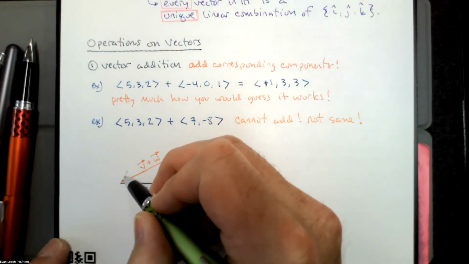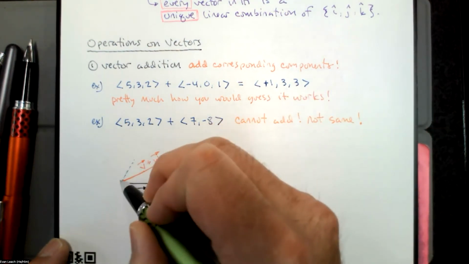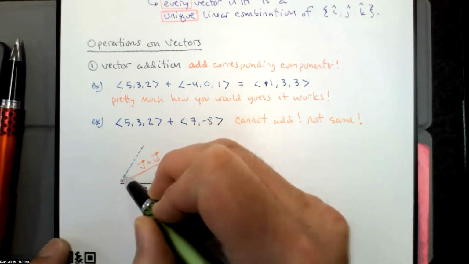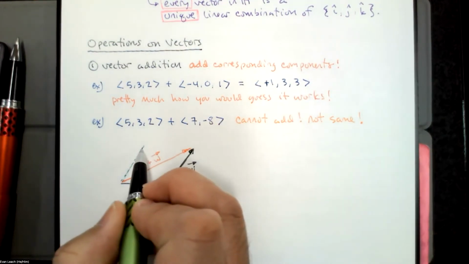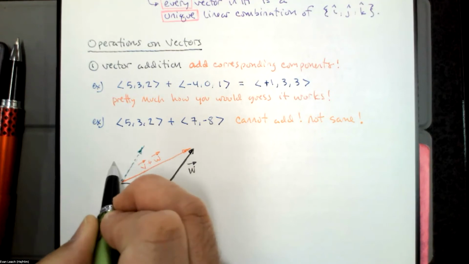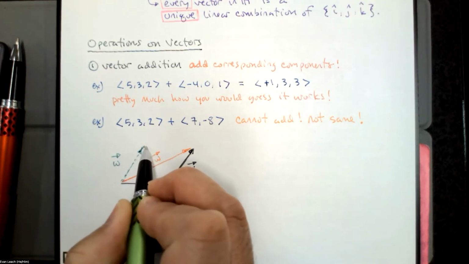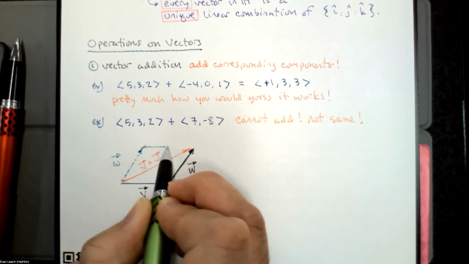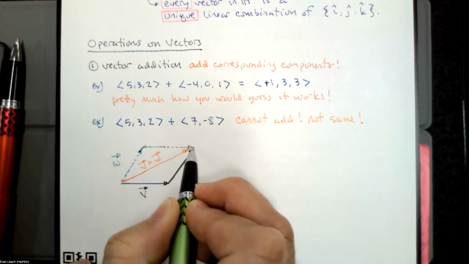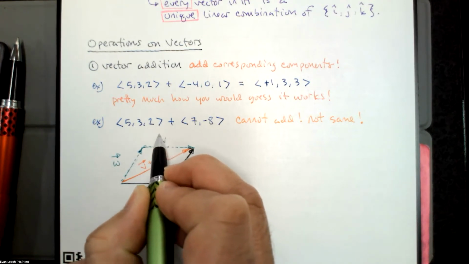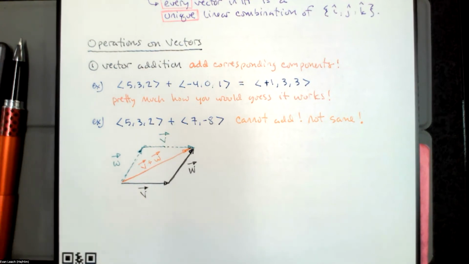So if I put w first, and then attached v to the end of w, we end up at the same place.